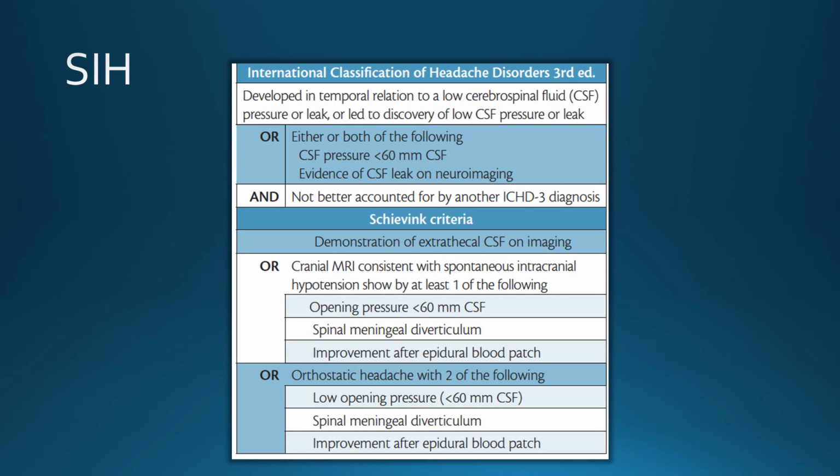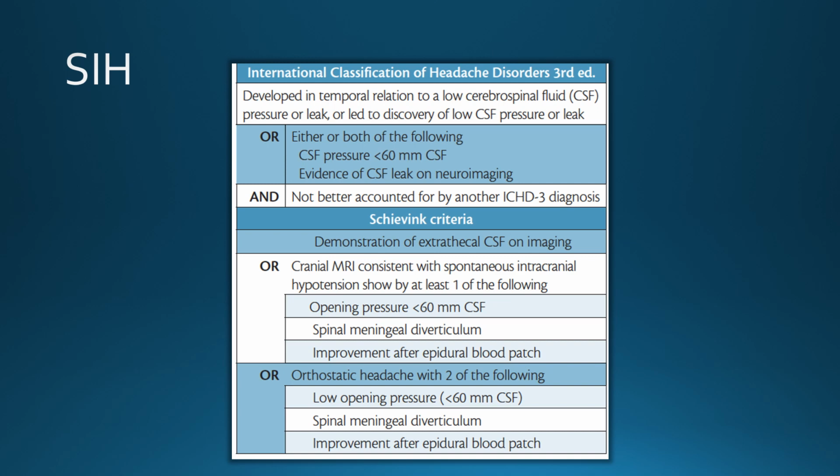The International Classification of Headache Disorders, third edition, described the diagnostic criteria for SIH. It says that headache should develop in relationship to the low CSF pressure or leak, or it should lead to discovery of a CSF leak. If you do a lumbar puncture, then CSF pressure should be less than 60 millimeters of CSF.